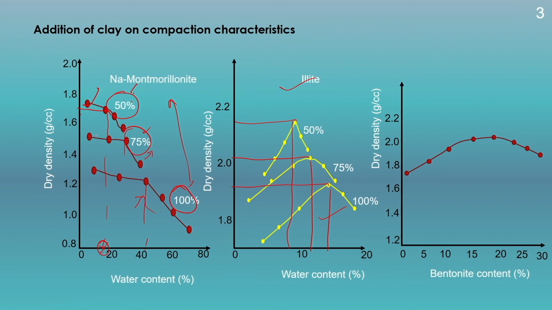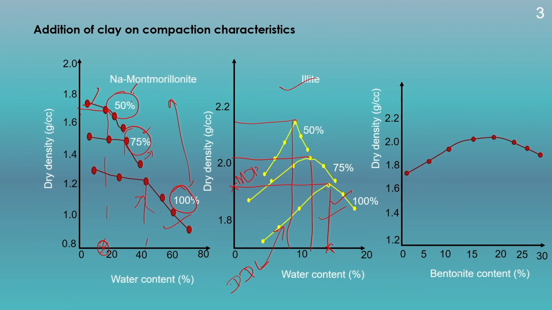But if we compare the compaction curves for montmorillonite and illite, we can see that for 100% sodium montmorillonite and 100% illite, generally the illite will exhibit a lower value of optimum moisture content and a higher value of maximum dry density in comparison to the sodium montmorillonite for the same compactive effort. Again, this higher maximum dry density and lower OMC for illite in comparison to sodium montmorillonite is due to its lower diffuse double layer thickness.